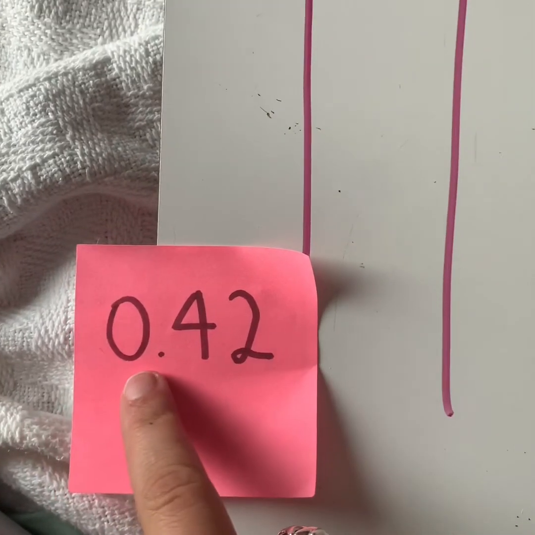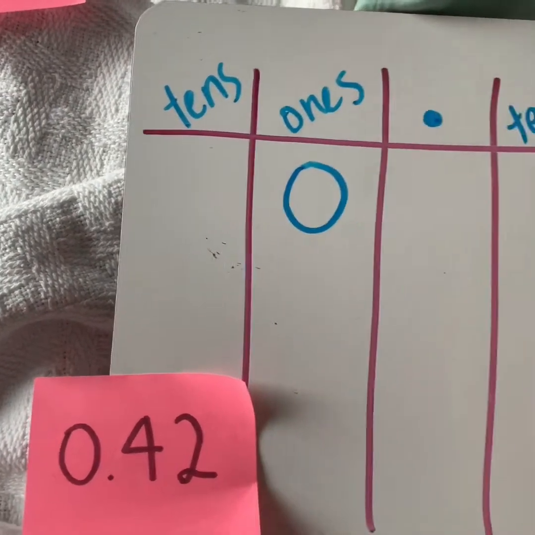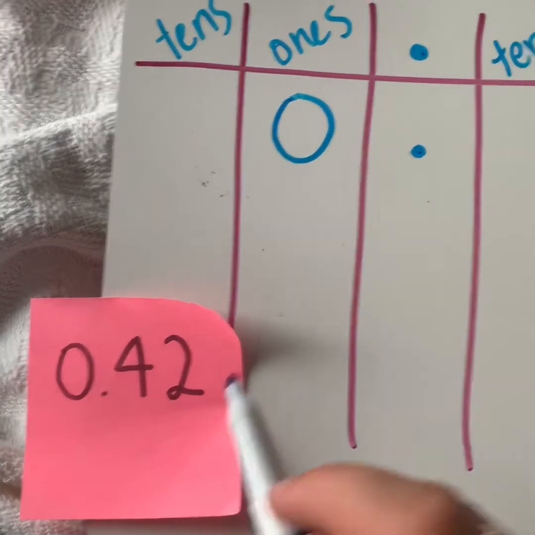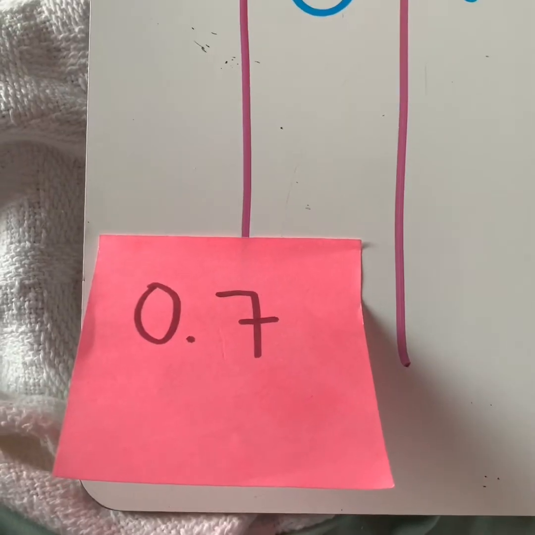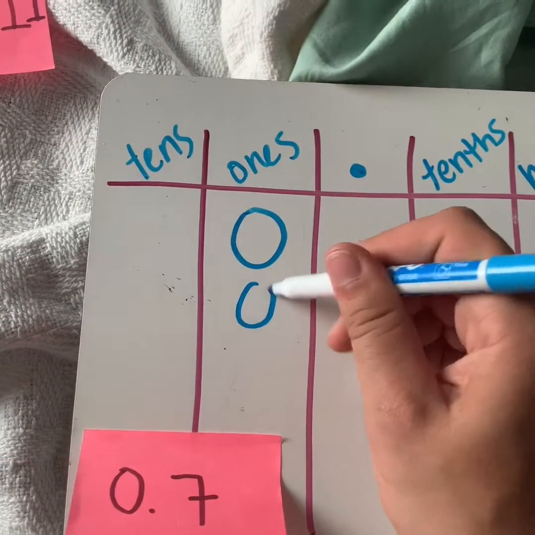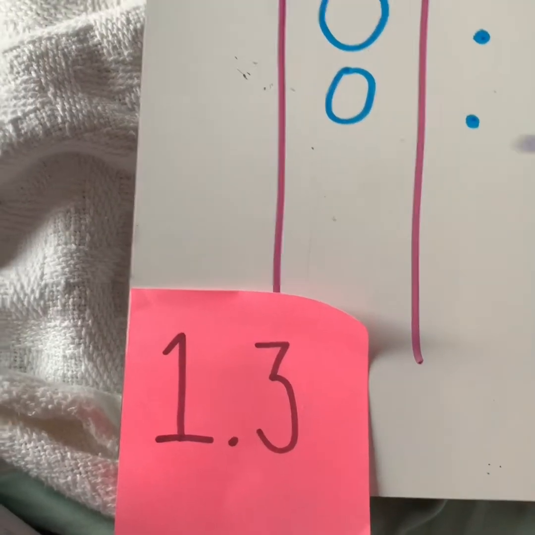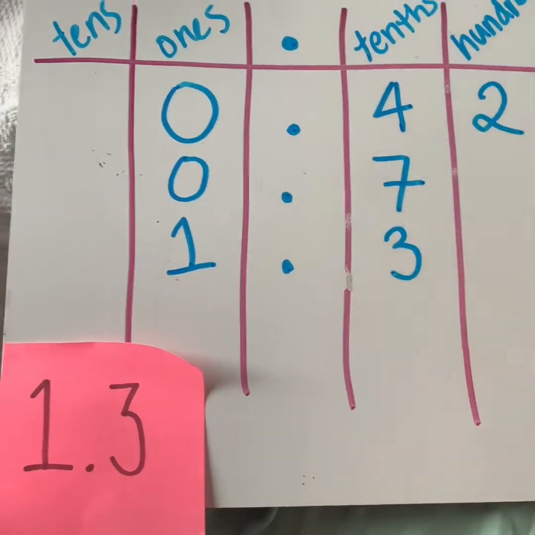Here, I see I have 0 ones, and then I have 42 hundredths. Here, I have 0 ones and 7 tenths. In this one, I have 1 one and 3 tenths.